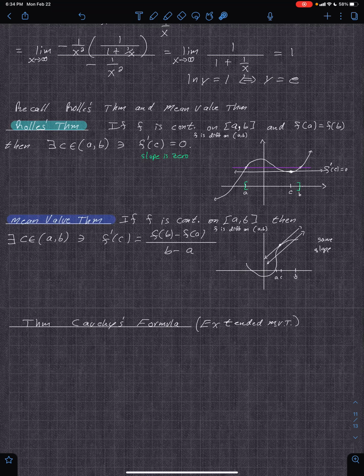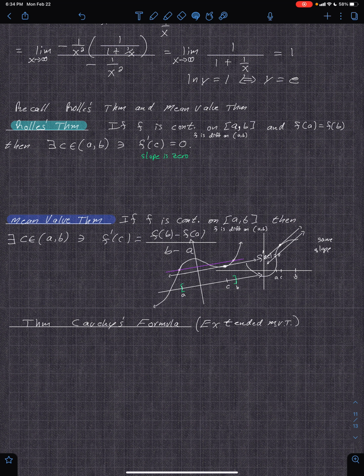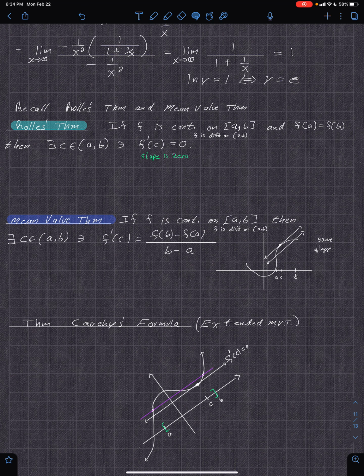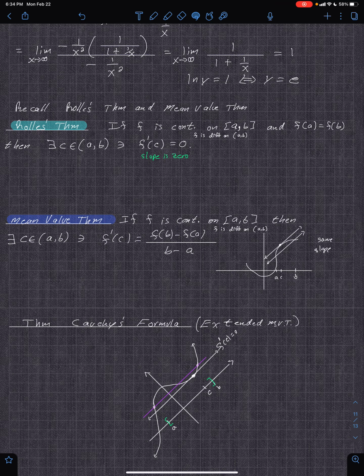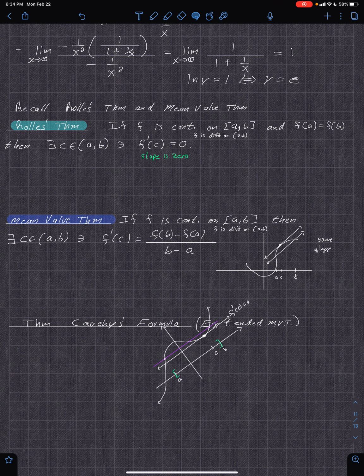And so what it's really doing is it's basically taking Rolle's theorem and defining a function and essentially putting it on its side like that. And you can see you get the same sort of idea. It's continuous, and you put it like that, and that's the slope of the secant line.